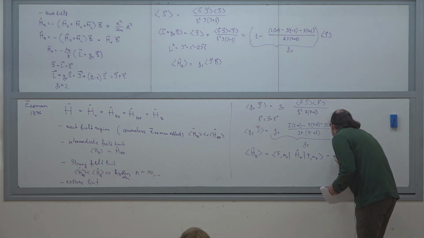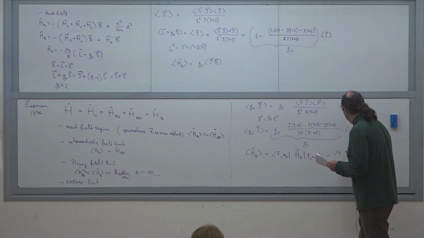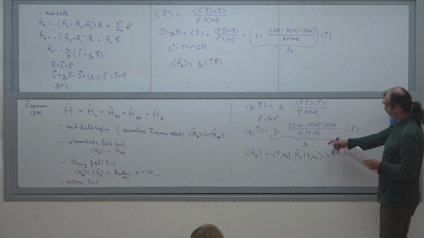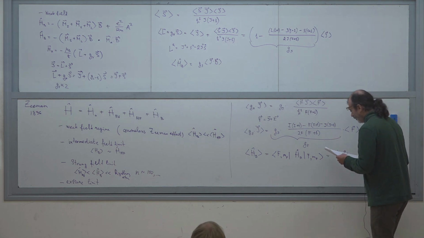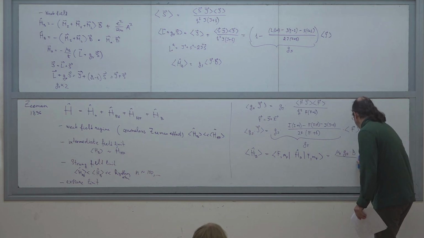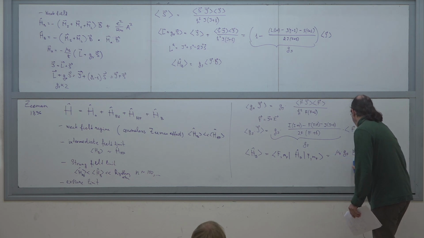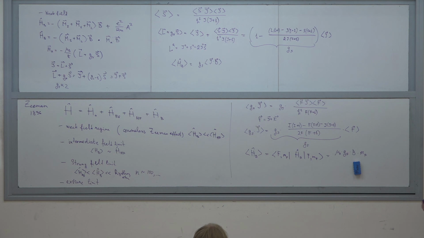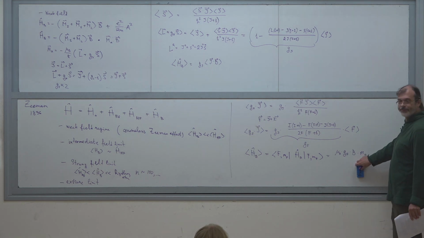So we get here the mu B, Bohr magneton, multiplied by GF, gyromagnetic ratio, which is this expression, multiplied by B, magnetic field, divided by nothing, and multiplied by MF. That's the whole story. Okay, so now this is the end.